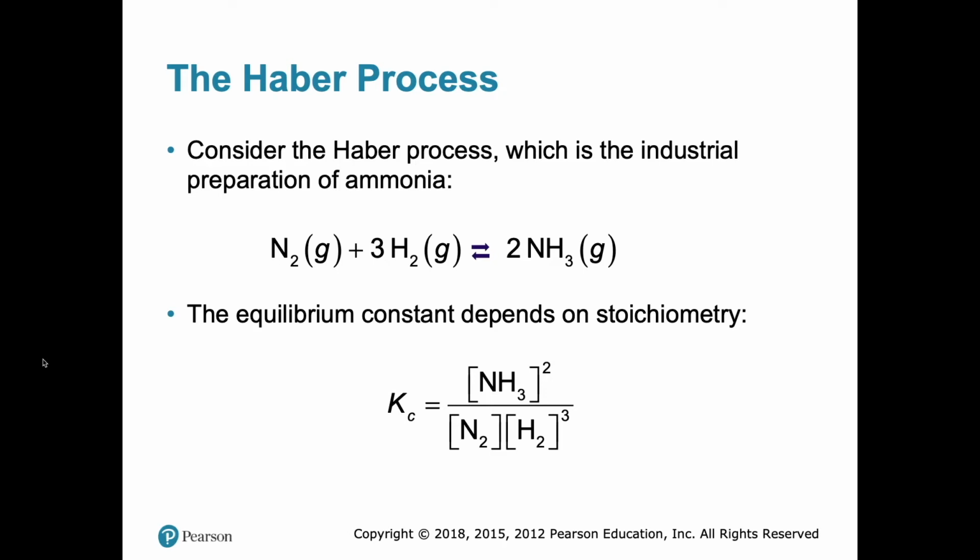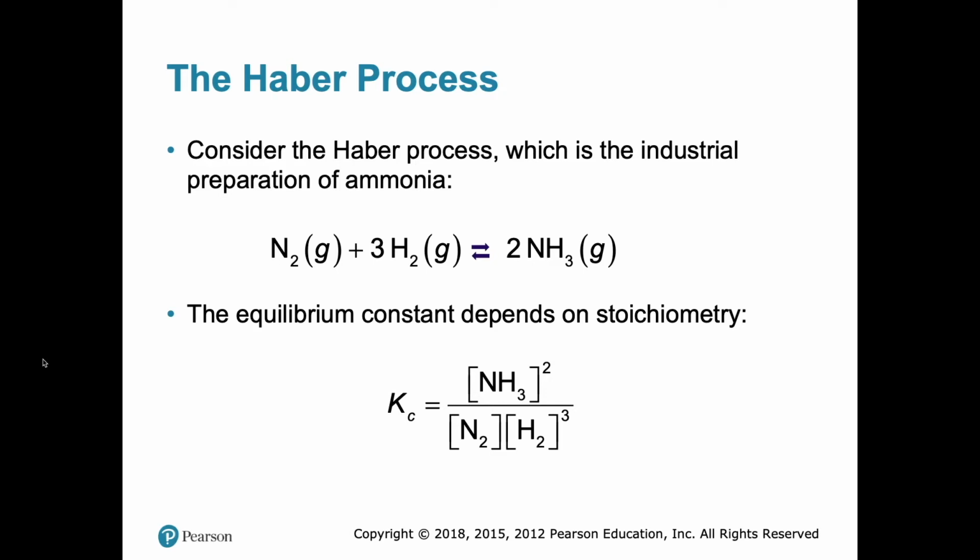The equilibrium constant depends on the stoichiometry. So just like I said in the last slide, the products here, which is ammonia, is always over what? The reactants, correct? And then the exponents that we see on the concentration terms for the different species, like for the ammonia here, the 2 exponent comes from where?